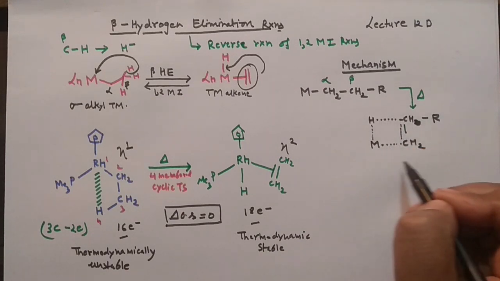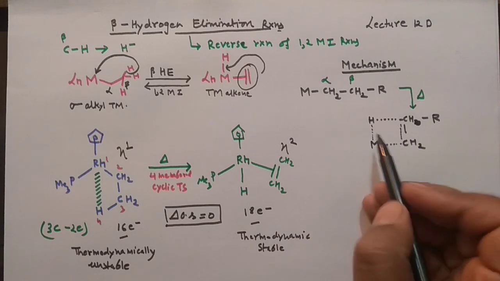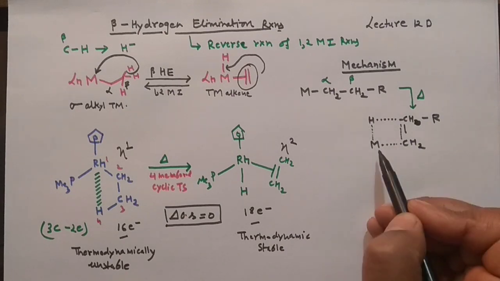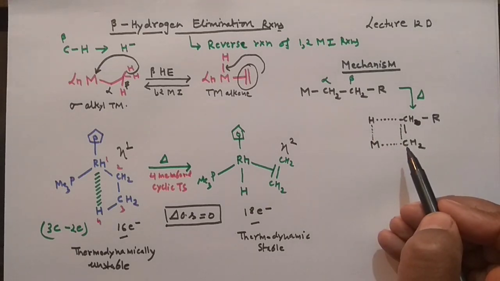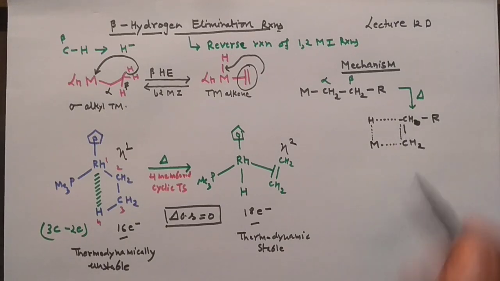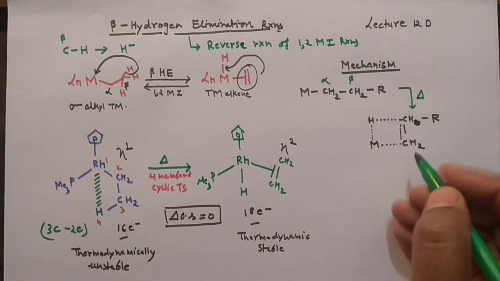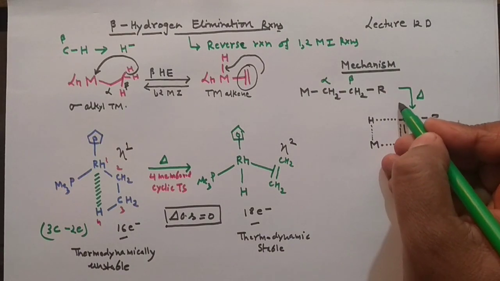So this is the cyclic transition state. Again you can see in that case this hydrogen, this metal and this carbon are involved in a 3 centered 2 electron bond. Okay, so this metal and this CH2 were directly connected, so you can put alpha over there and beta over there.